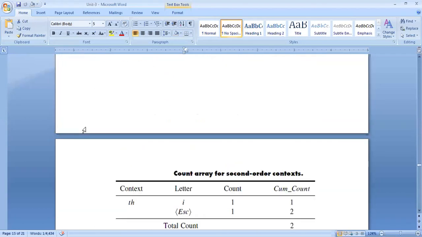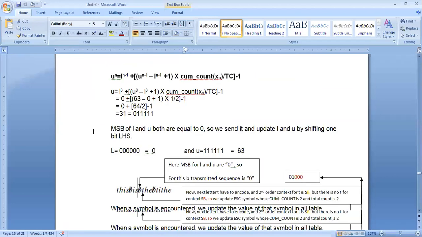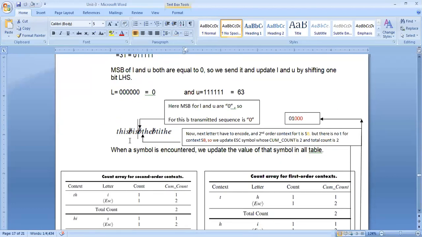So we have already told you that this B cross is already encoded. We have assumed that this is already encoded.